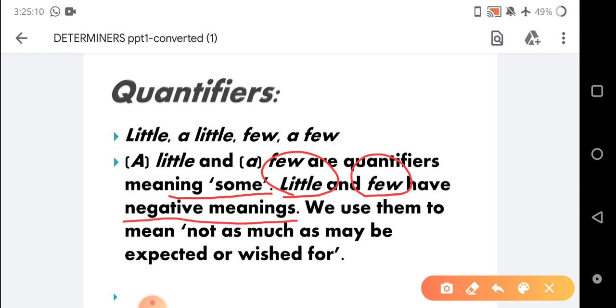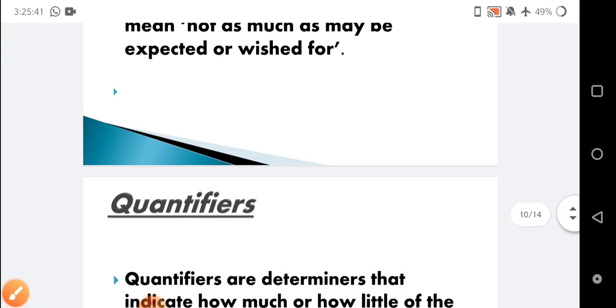So when you say little without adding a to it, you mean to say almost nothing, almost insignificant. We mean to say not as much as may be expected or wished for. This is not sufficient for me. So the word little or few may be used.